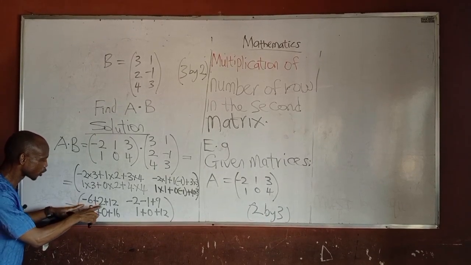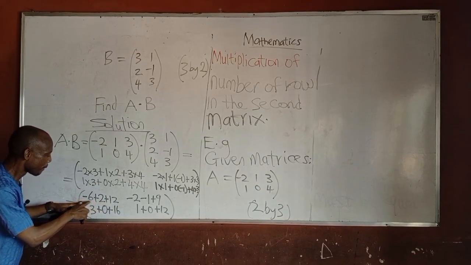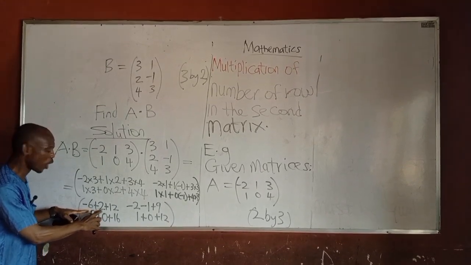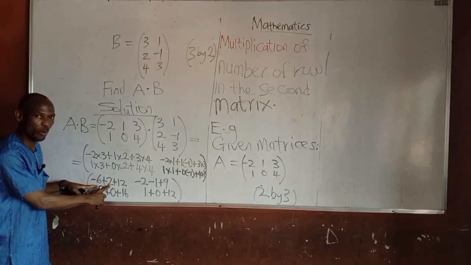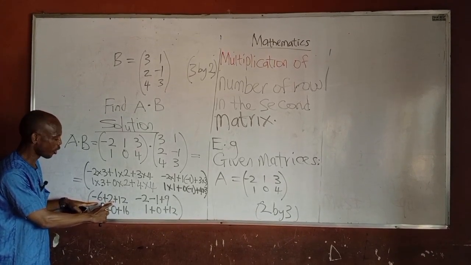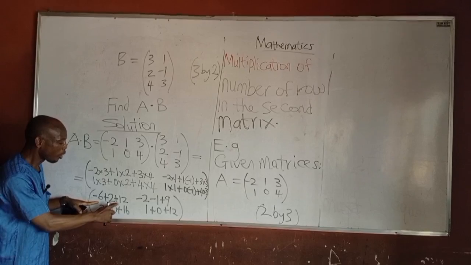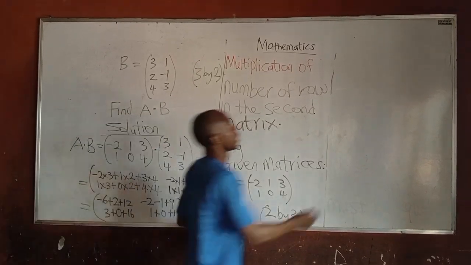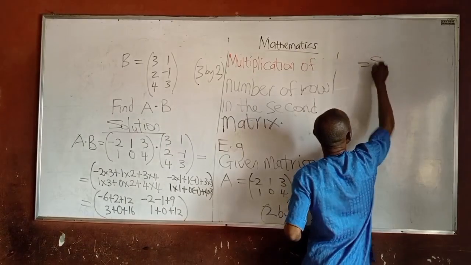Minus 6 plus 2. Minus 6 plus 2 is equal to what? Minus 4. And minus 4 plus 12 is equal to 8. So we now write here 8.